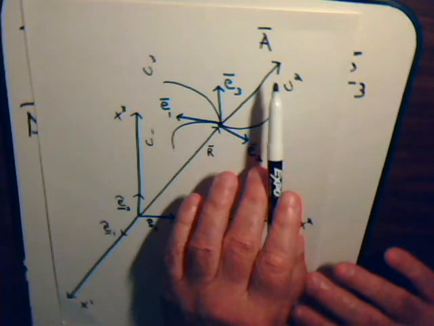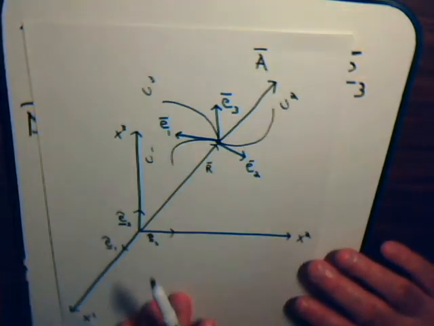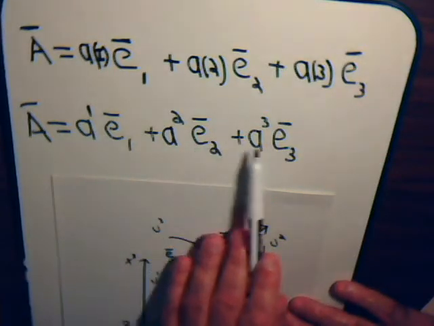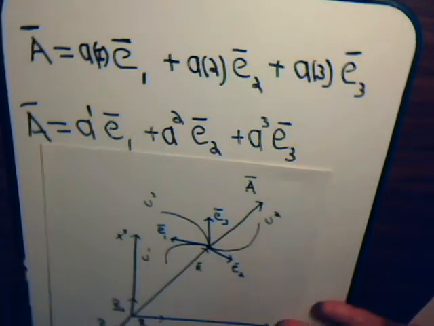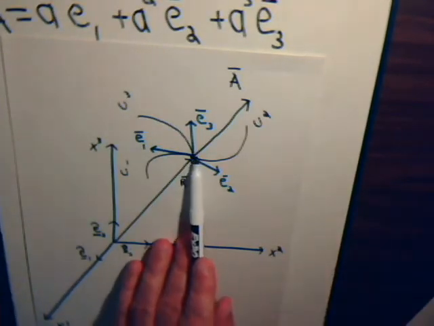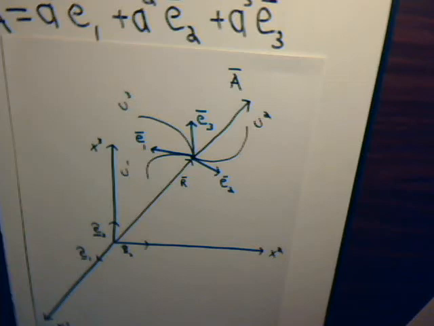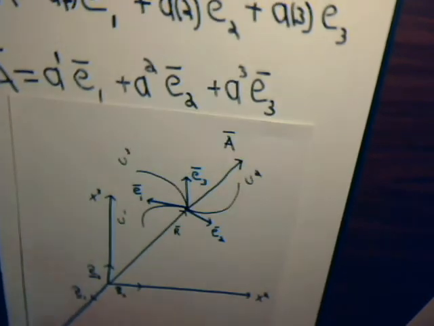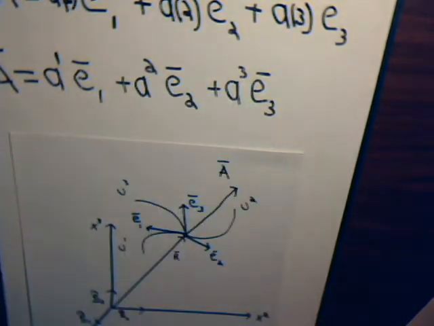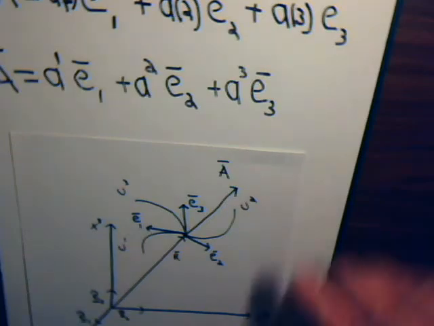In other words, if you have a vector written as the sum of its components along the coordinate axes, and you transform to a different curvilinear coordinate system, then that vector transforms as a contravariant vector. And as we explained in the previous videos, contravariant vectors are written so that their components have superscripts.